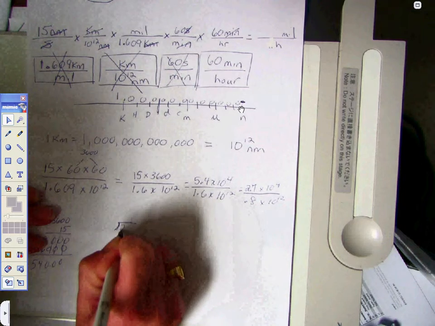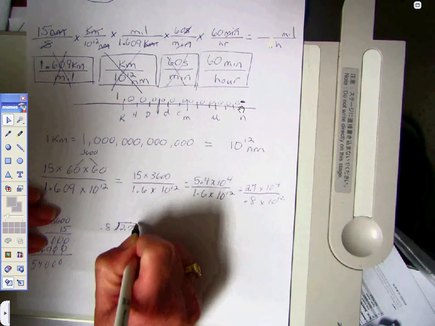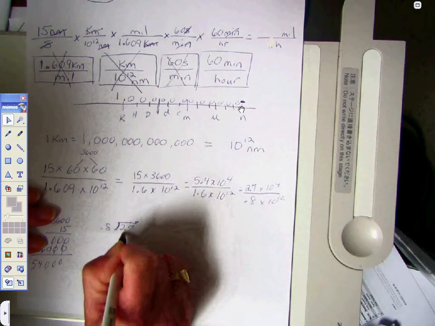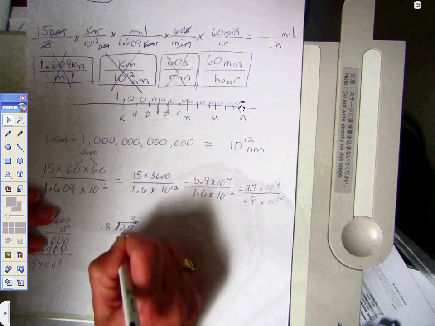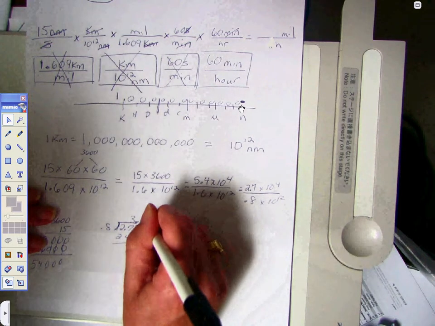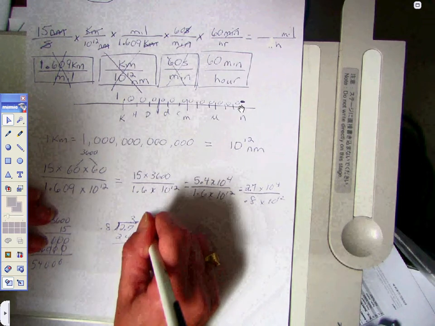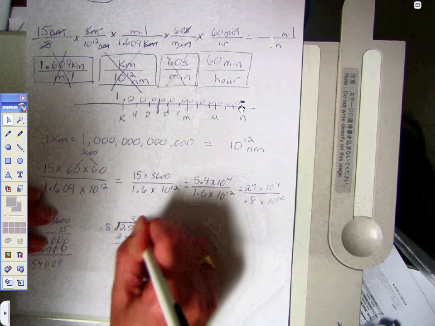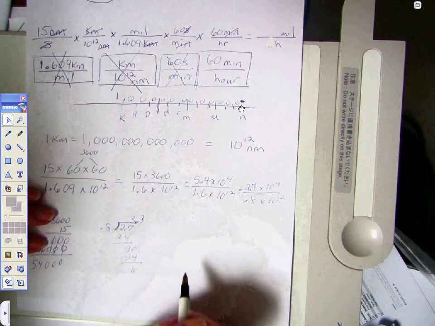So 2.7 divided by 0.8. I'm going to have to move my decimal right here. 3 times 8 is 24. That gives me 30. 4 times 8 is 32. So 3 times 8 again is 24. I have 6 left over.